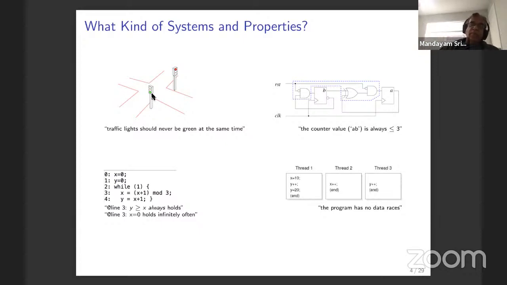The state comprises the colors that each of these signals have, which can range over red, yellow, or green. And here, what is relevant is the state of these two flip-flops, A and B; they can be in 1 or 0. How about for the software?